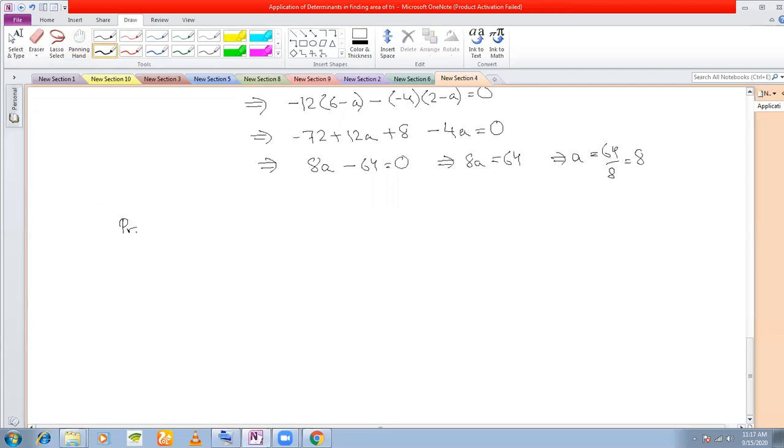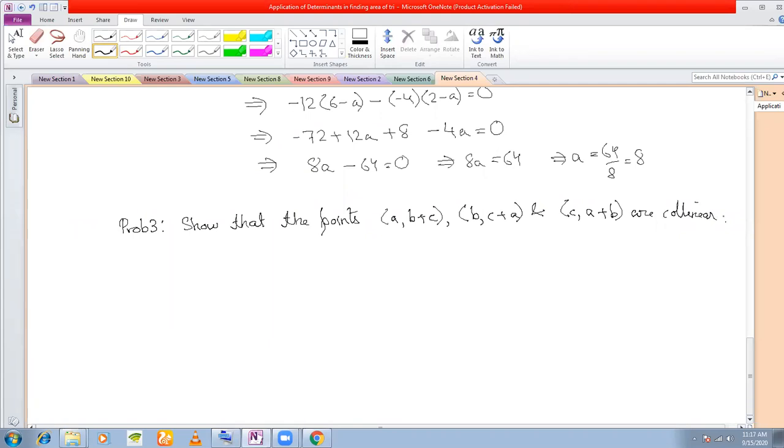Problem 3, show that the points A, B plus C, B, C plus A, and C, A plus B are collinear.